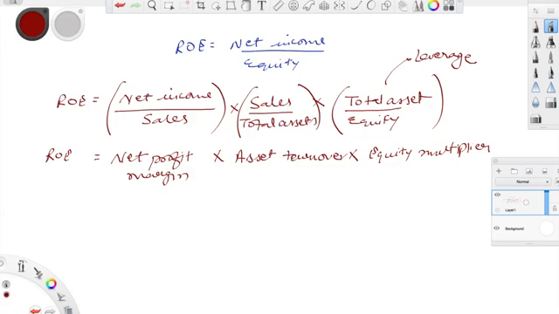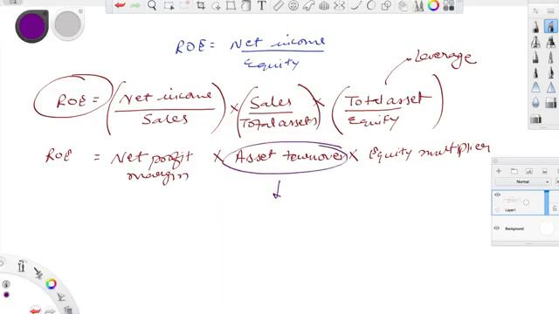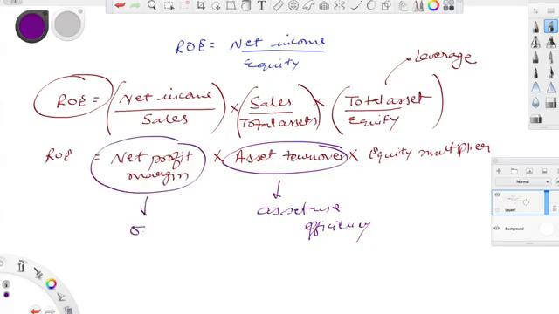What it tells us is what is driving this ROE. Whether it is coming from the asset use efficiency, so this is my asset use efficiency, how well I'm utilizing my assets, or it is coming from operational efficiency, how well I'm keeping the expenses low, revenues high.